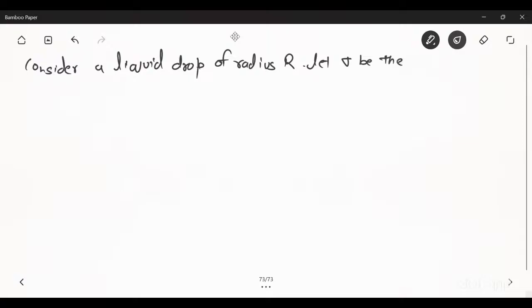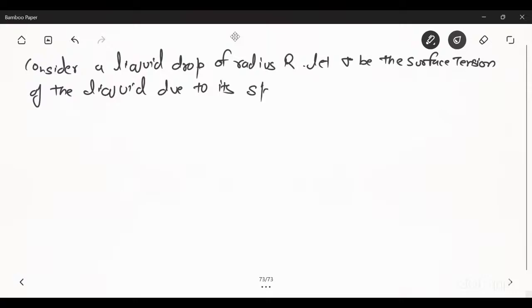In your book, this may be denoted by S or T. Due to its spherical shape, there is an excess pressure.